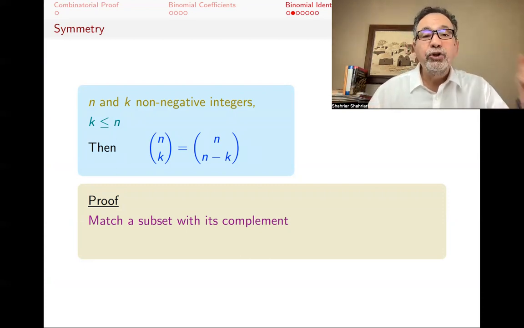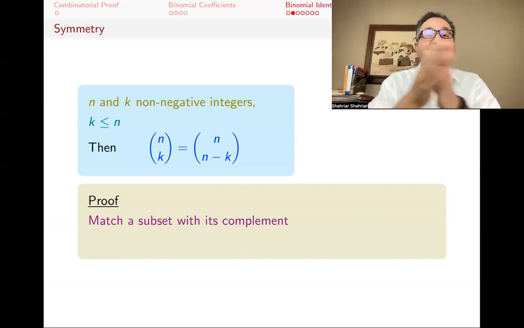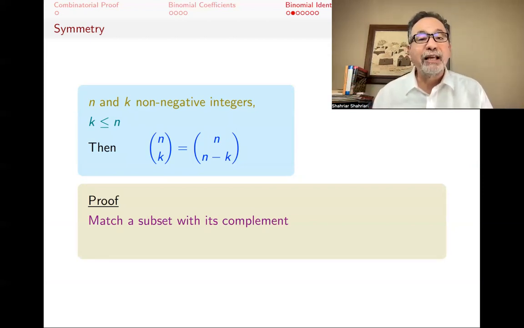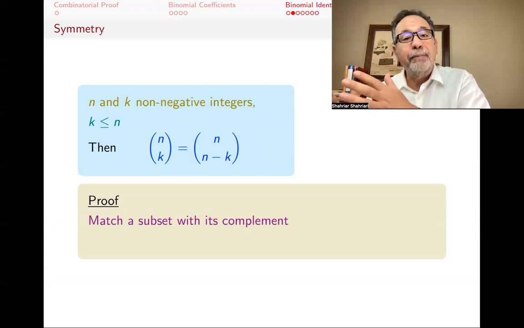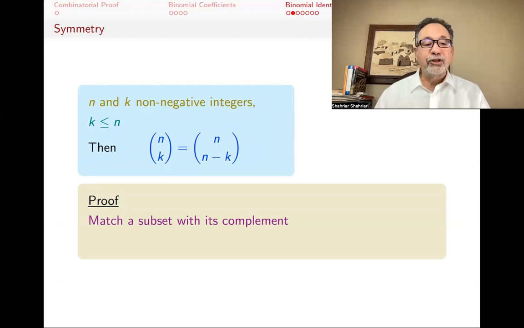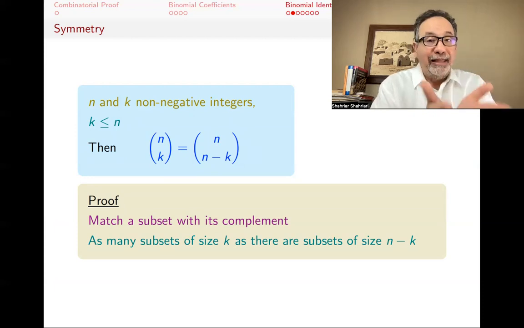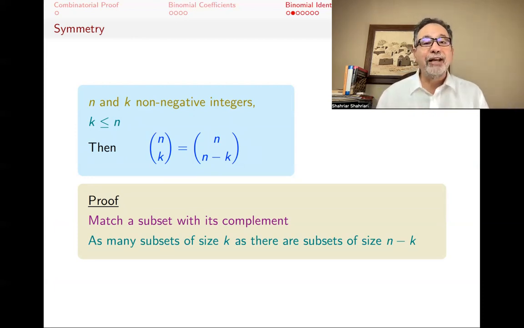How do you do that? You match everything with its complement. If you have a subset of size k, its complement will be a subset of size n minus k, and vice versa. The complement of a set of size n minus k is a set of size k. So matching something with its complement is a one-to-one onto map. It's a bijection, and it tells us that there are as many subsets of size k as there are subsets of size n minus k, and that means that n choose k is the same as n choose n minus k.